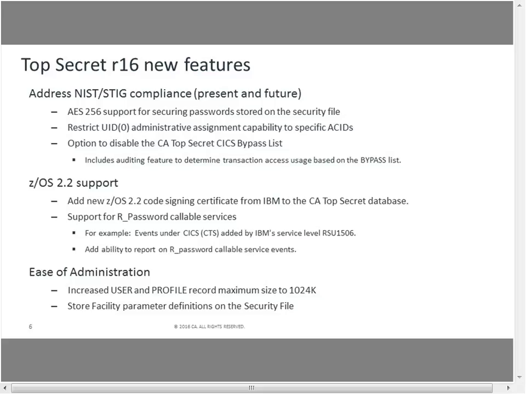Certainly the UID 0 limits on who can give out UID 0 is of concern for compliance. Certainly the STIG requirement exists on controlling that. And also, specific to the Top Secret product, our bypass list, having the ability to disable the Top Secret CICS bypass list adds a tremendous benefit for tightening down who can access what via CICS.